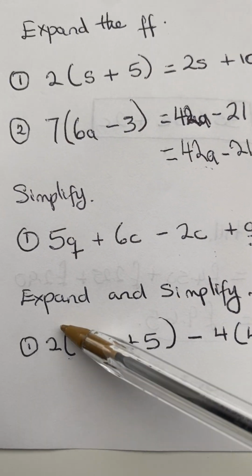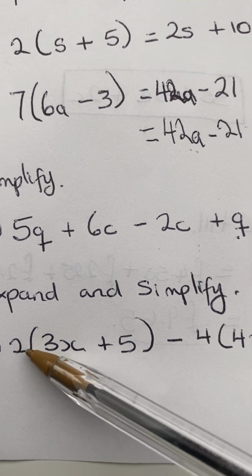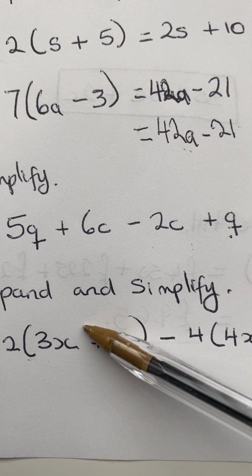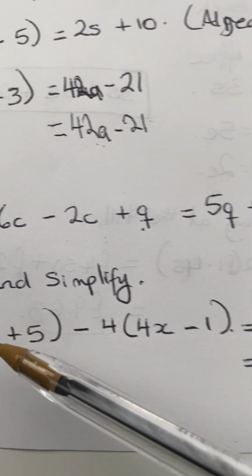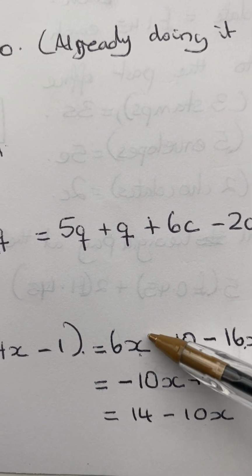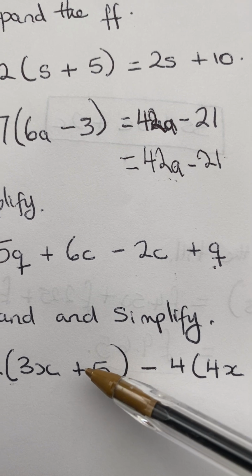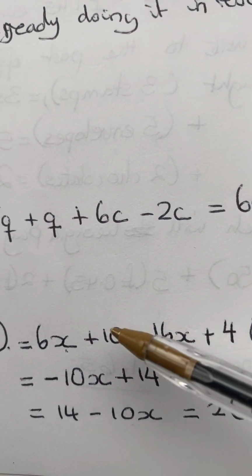So you need to expand first. As we said, the 2 affects everything in the brackets. So 2 times 3x will give you 6x. 2 times add 5 will give you 10.